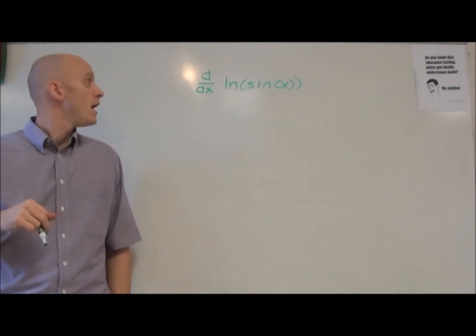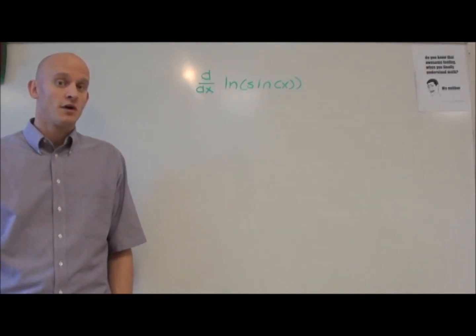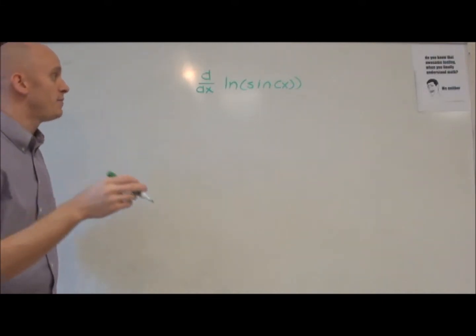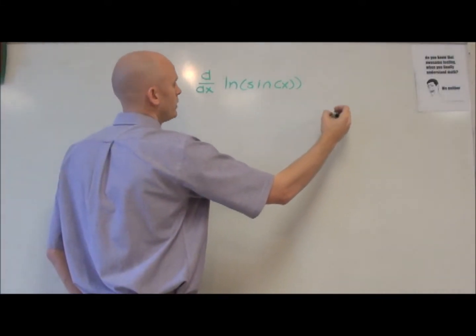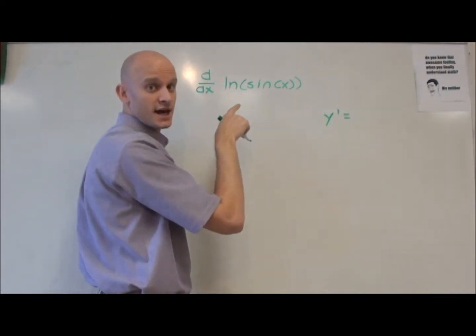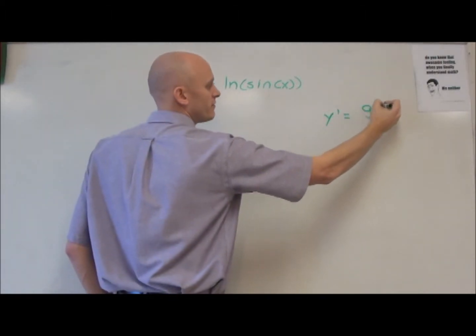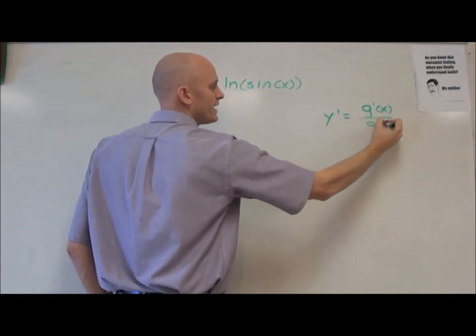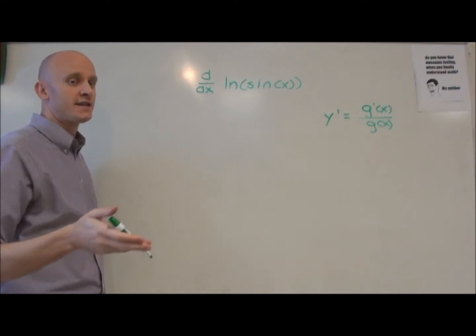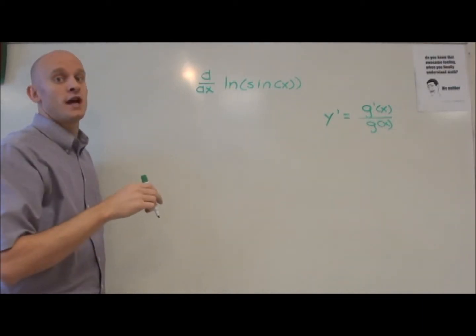Another example for the derivative of a natural log function. Let's go ahead and use that generalized formula that we had before. Stating it again, the derivative of a function that is a natural log will be the derivative of the inside over the inside function. And like I said, you'll get the same exact answer if you use the chain rule.